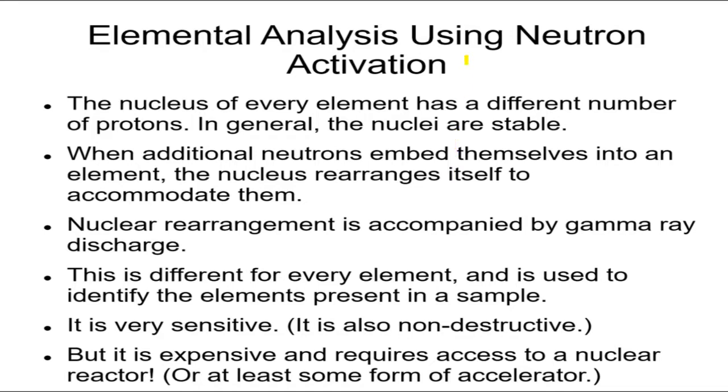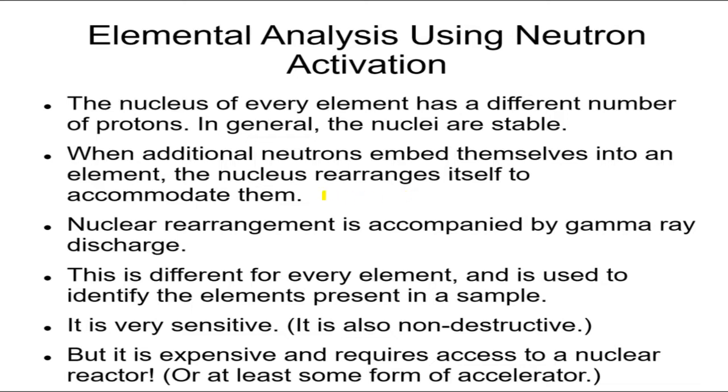There's another way to analyze elements, a very good way, if you can get it. That has to do with nuclear activity. The nucleus of every atom is composed of protons and neutrons, and we can assume they're stable. You can shoot neutrons into these nuclei. When you do, they can get absorbed into the nucleus, but then the nucleus has to rearrange itself to accommodate these extra neutrons.